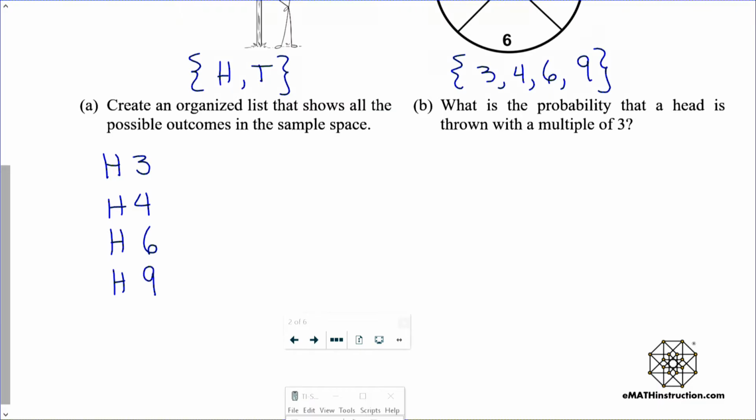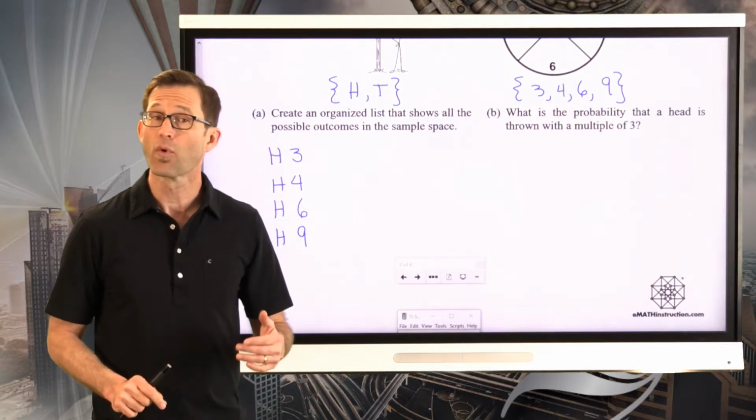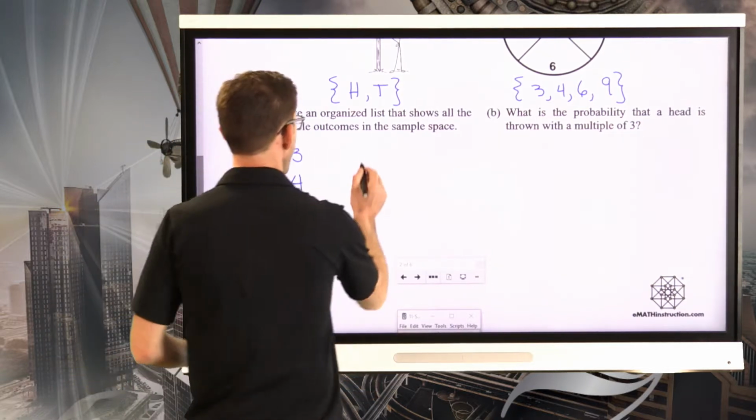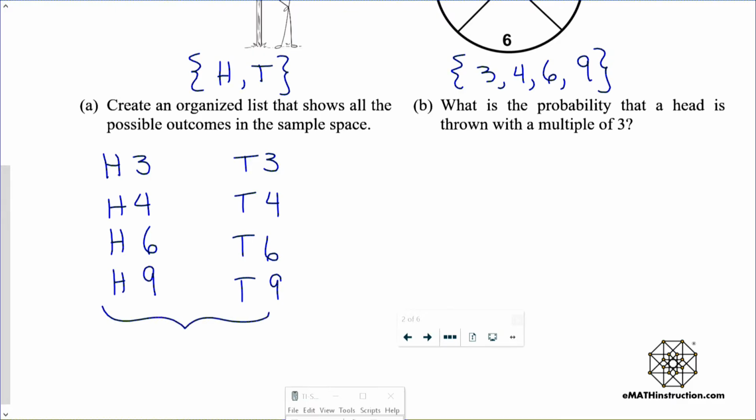Those are all the things that could possibly happen if I toss a head on my coin. But of course, I could also toss a tail on my coin, and then I could get a 3, a 4, a 6, or a 9. And notice, I have a total of 8 equally likely outcomes.